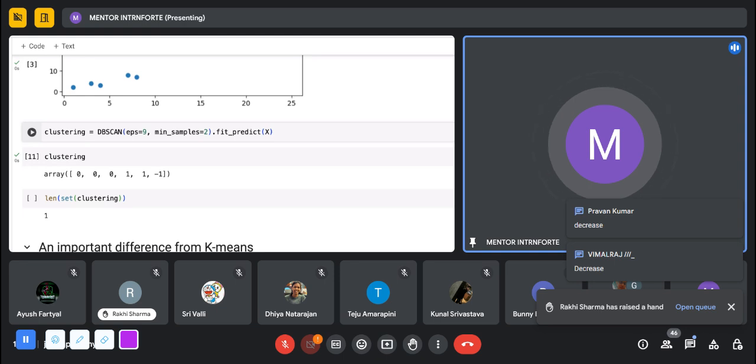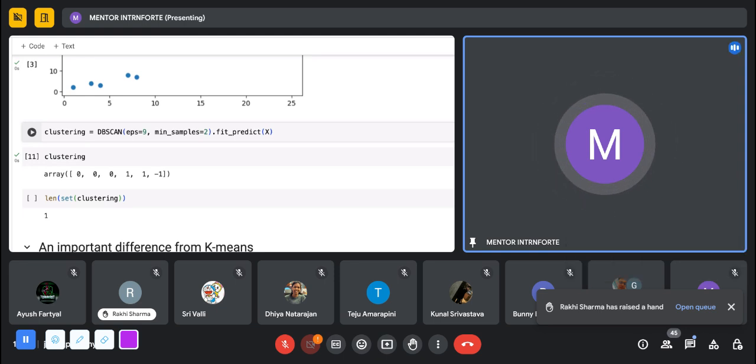Decrease is the answer because if you increase the radius size, if you increase the epsilon from 1 to, let's say, 9, then the radius will be too big. Then everything will start becoming part of that cluster, right? As it starts expanding, the entire 5 starting points that you're seeing as blue will become one cluster only.